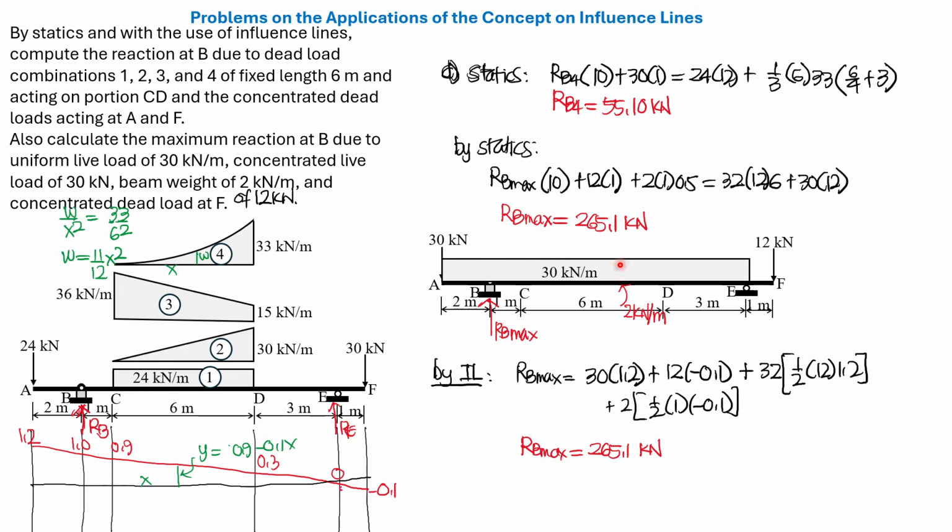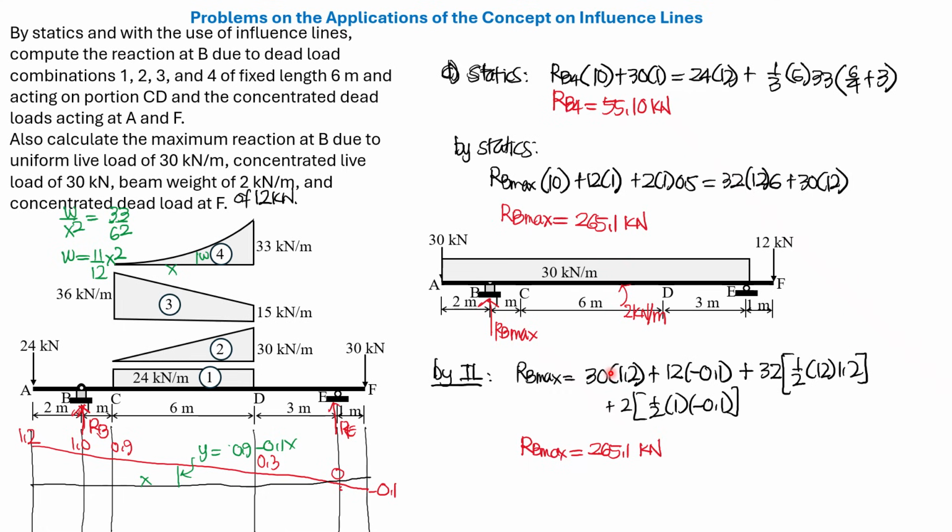So we combine this because they have the same length. So 32 times 12, moment arm is 6. Then plus 30, moment arm is 12.